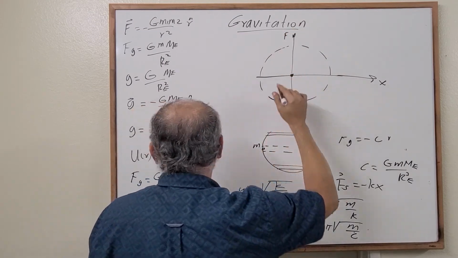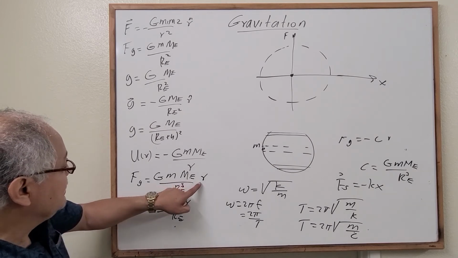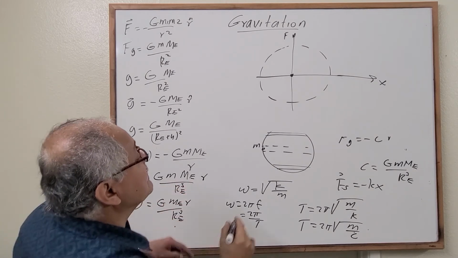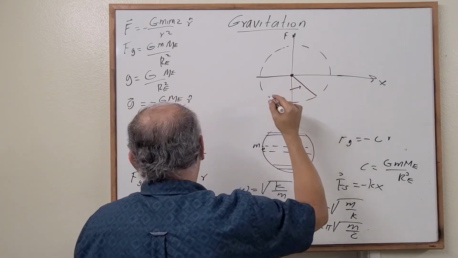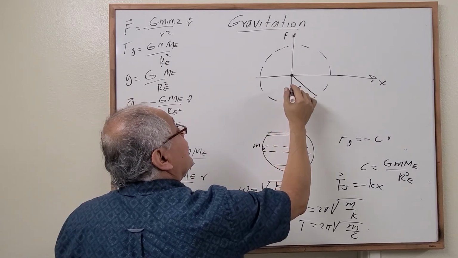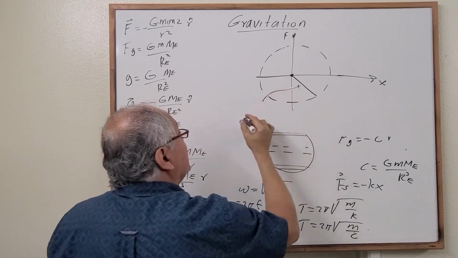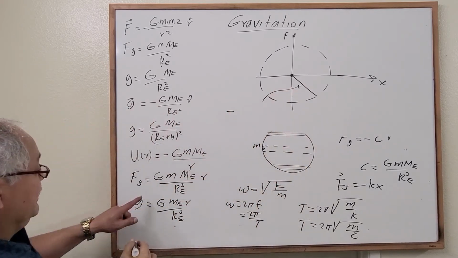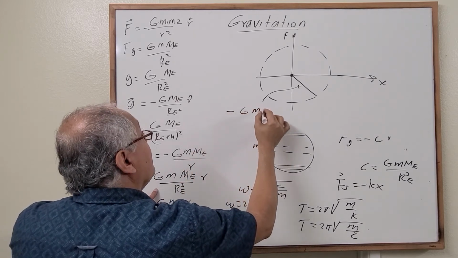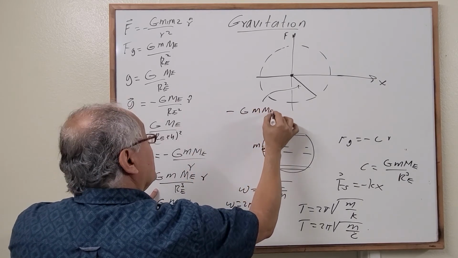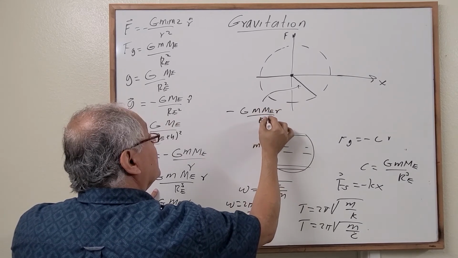But inside, how is the force? We found it before. The force inside depends on the distance, and it's going to be in this direction. So inside it's going to be negative, given by this formula: negative G m, mass of the Earth, times r over radius of the Earth cubed.